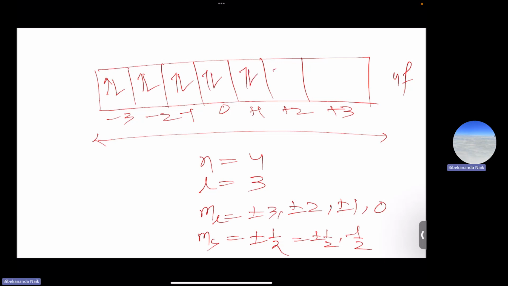So in each subshell there will be two electrons, because according to Pauli's exclusion principle, no two electrons in an atom can have all four quantum numbers the same. So if you see here, for all the electrons, n and l are the same, but ml and ms are different. So if you list the quantum numbers, for the first electron, n will be 4, l will be 3, ml will be minus 3, ms will be plus half.